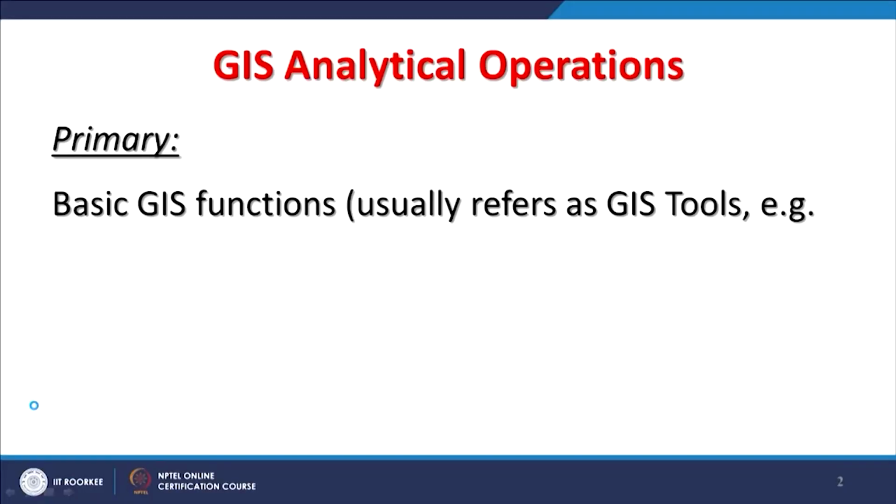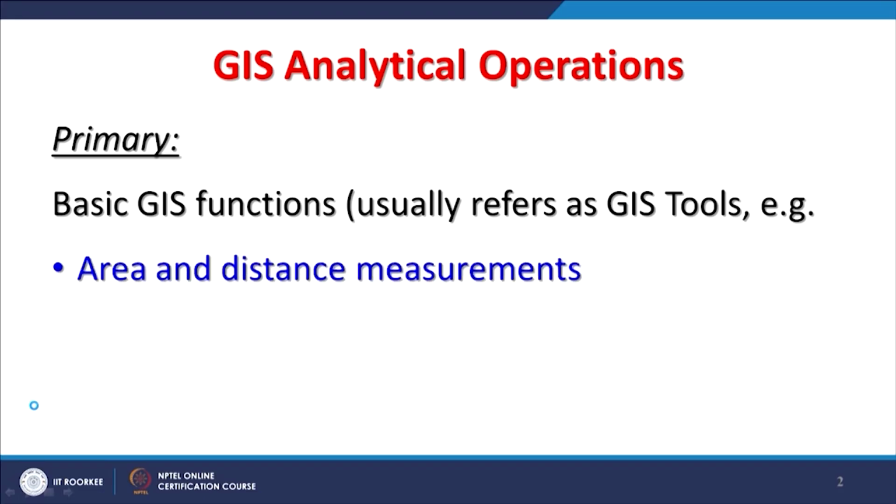One is the primary category, which involves the basic GIS functions, sometimes also called GIS tools. For example, we do very basic measurements like area, perimeter, distance between 2 points, area of a polygon, and length or distance along a line, and likewise. These we put under the category of primary operations.